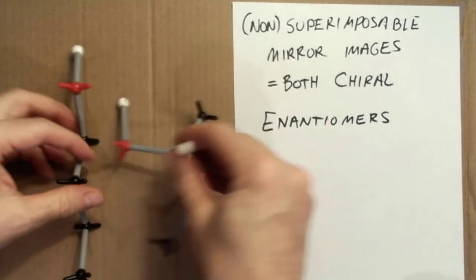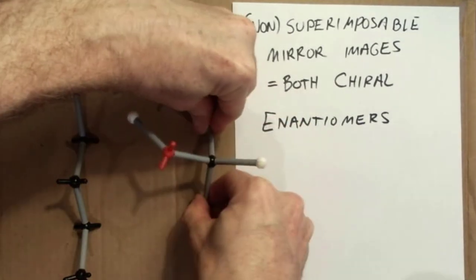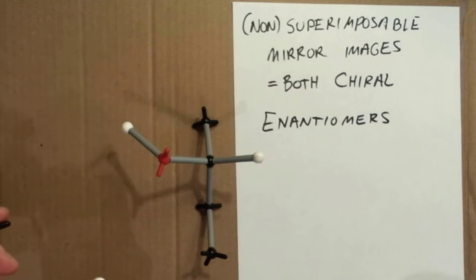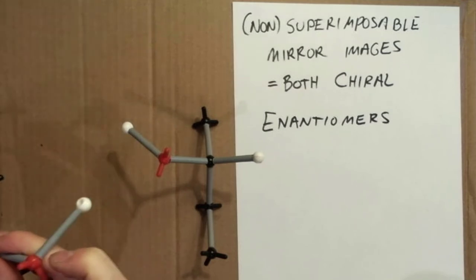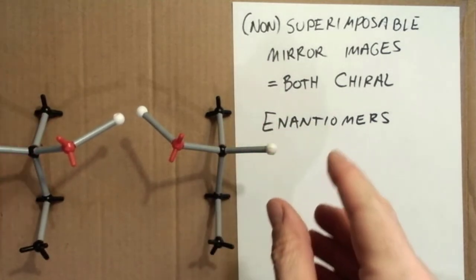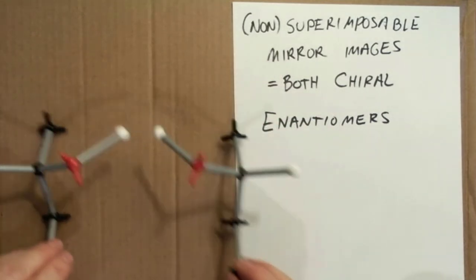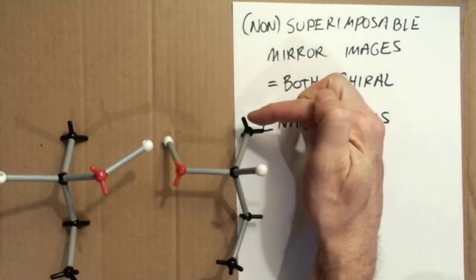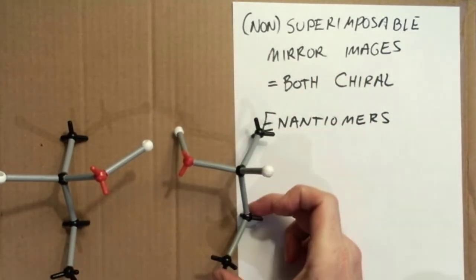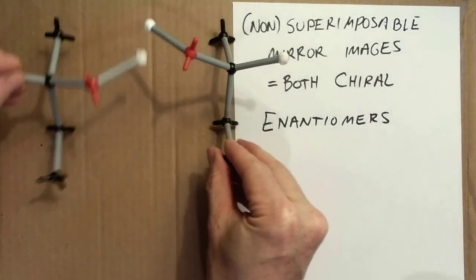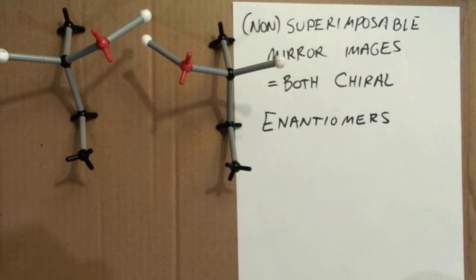And by the way, if we went back to our original pair of butanol molecules, I want to point one thing out here, which is that the carbon where they were matching or mismatching is the number 2 carbon, and it has 4 different groups attached. There's a CH3, a hydrogen, an ethyl group, and an OH group. And so that makes it a chiral center.